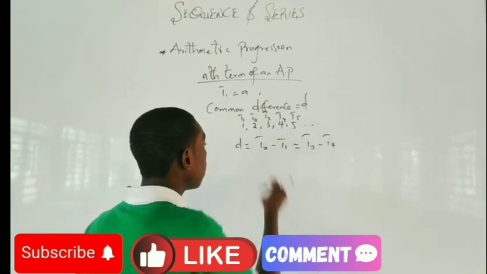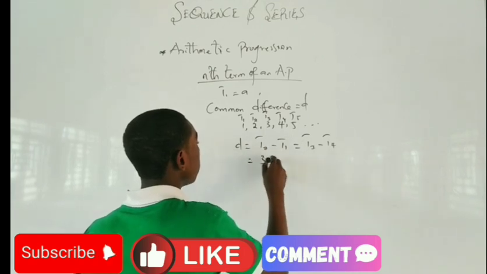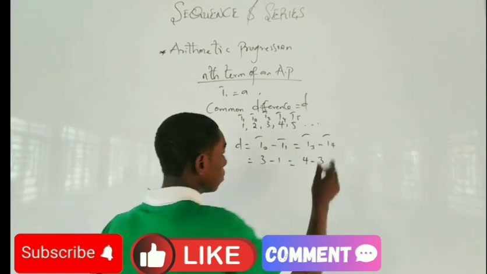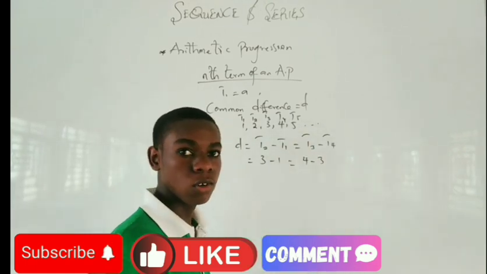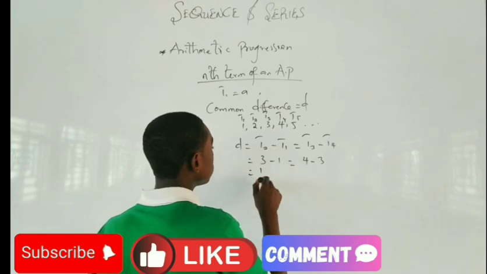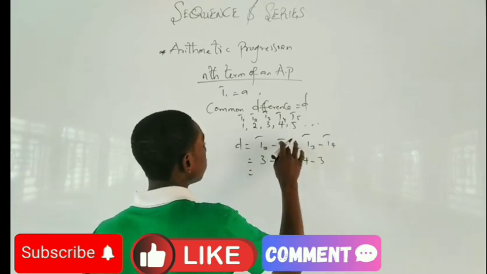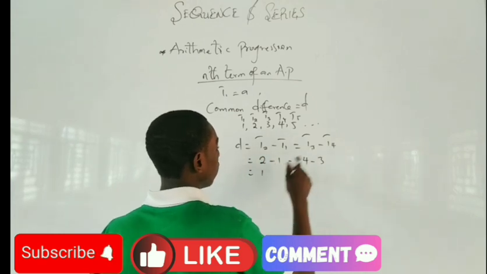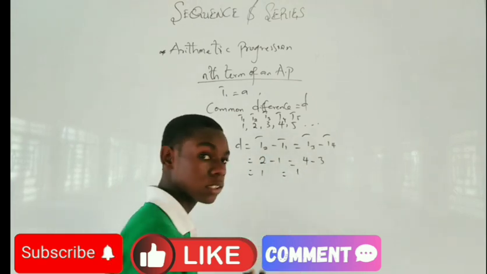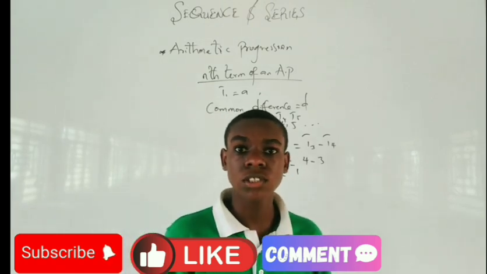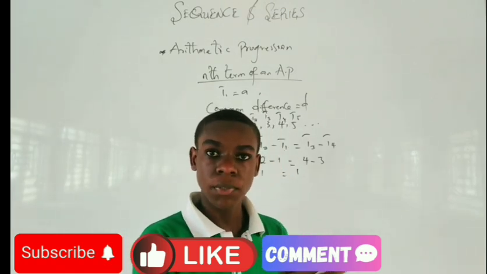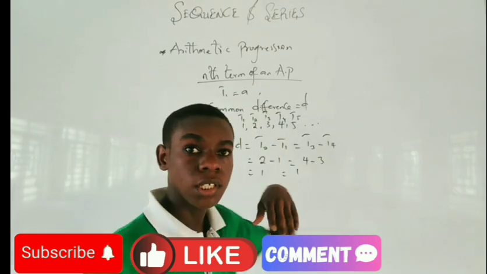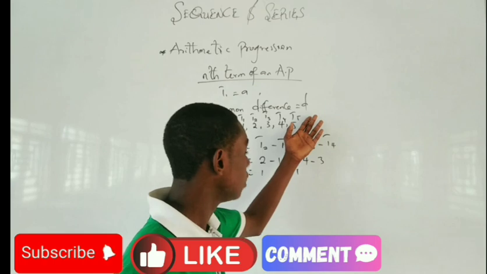So it's always the same. T2 minus T1 is 2 minus 1, the same thing as 3 minus 2, and the same as 4 minus 3 and 5 minus 4. That is how you get the common difference. 2 minus 1 is 1, and 4 minus 3 is also 1. So the common difference is always constant. So we have our first term to be A and the common difference to be D.